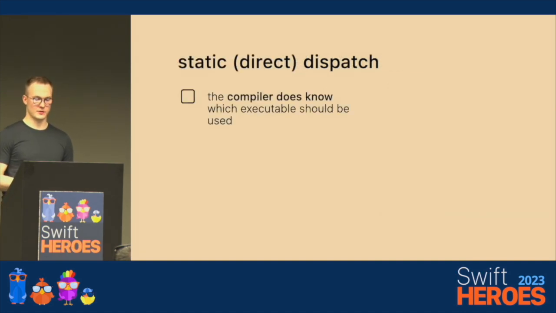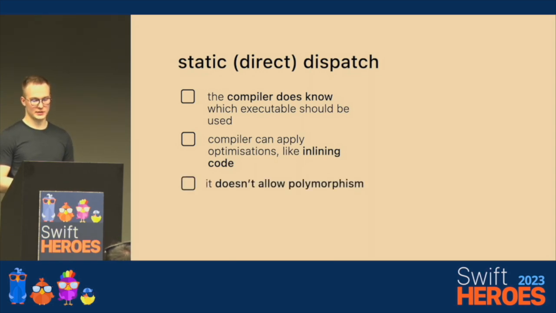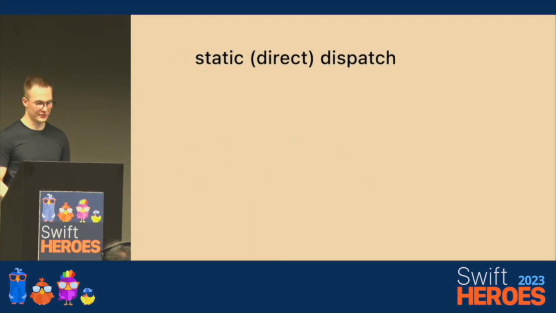In this case, the compiler knows which executable code should be used, and it's the fastest style of method dispatch, requiring a minimal set of assembly instructions. Moreover, the compiler can apply optimisations like inlining the code. It does not allow polymorphism, since that is known mostly at runtime.